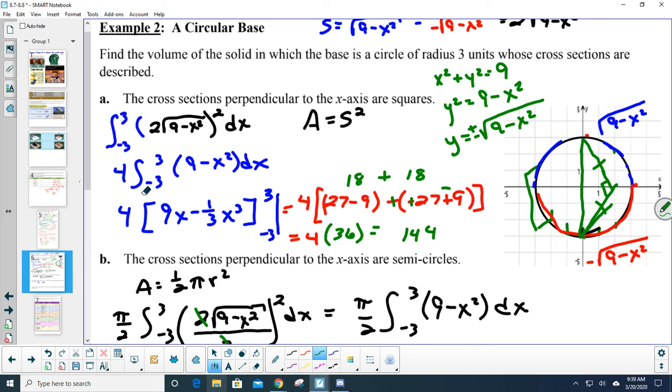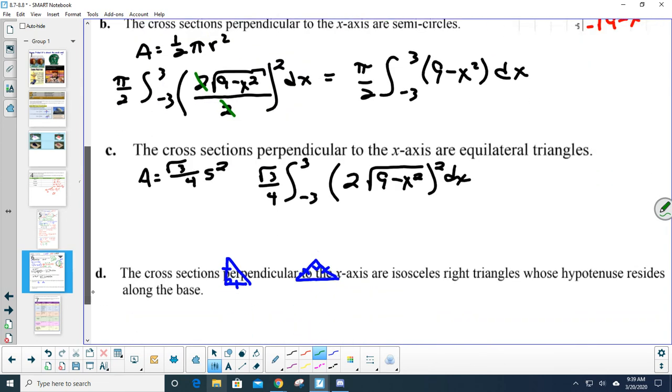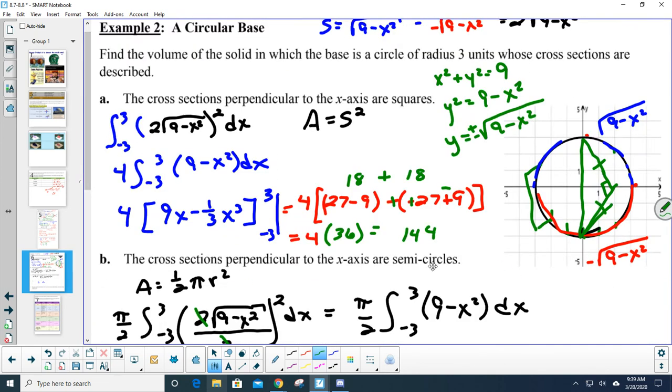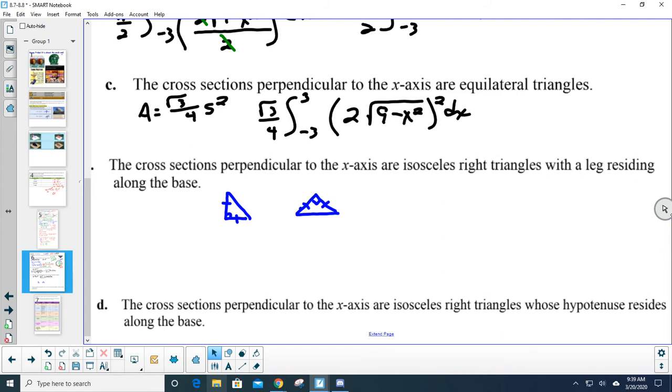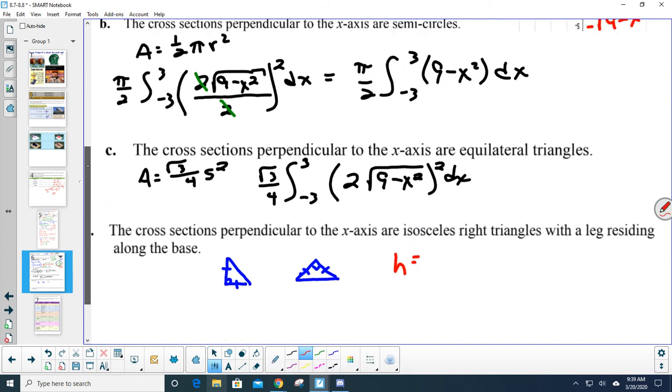So here's my problem. From here to here is my hypotenuse. So I'm going to come down here. Wow, I don't know what I just did. I think I moved that. And I'm going to say my hypotenuse equals top minus bottom.